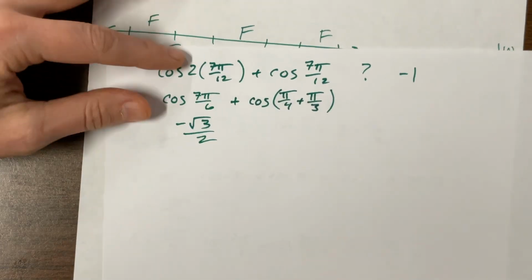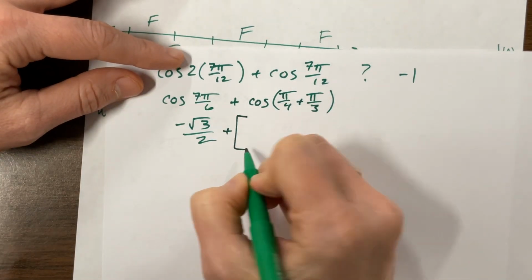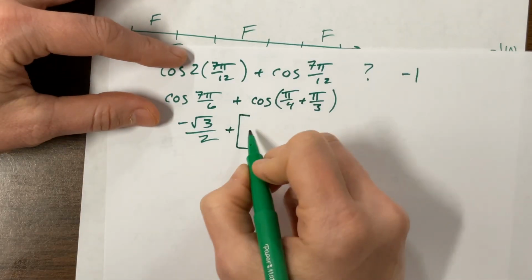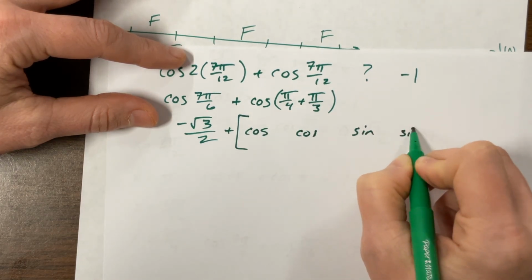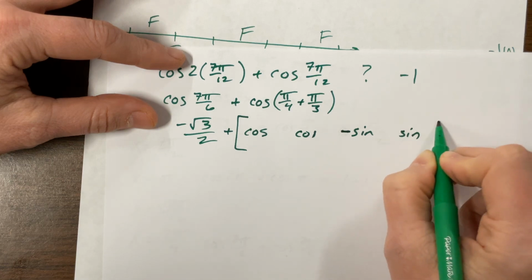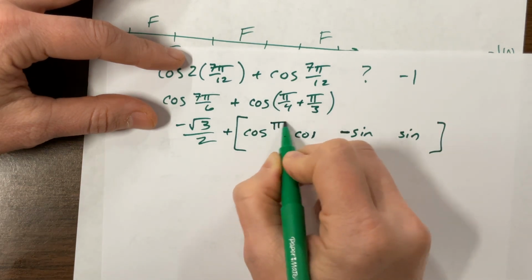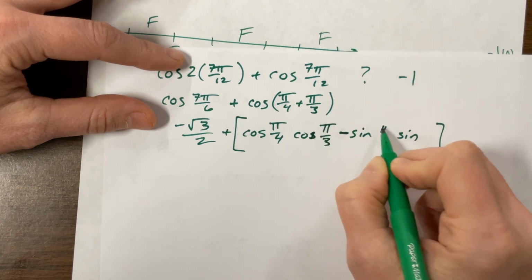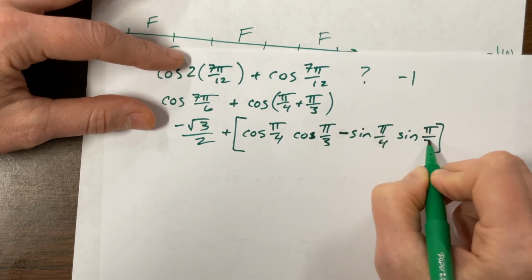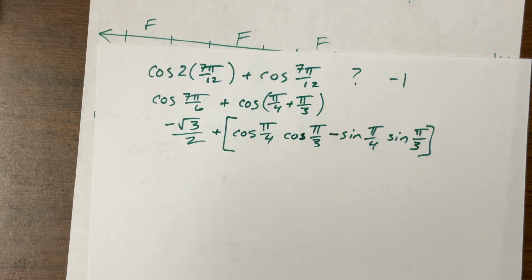The cosine identity is, let's put this in brackets so we can see what we're working with, cosine, cosine, sine, sine with the opposite sign. It's the first angle, the second angle, the first angle, the second angle. That's the way I remember it; if you find a better way, share it with me.